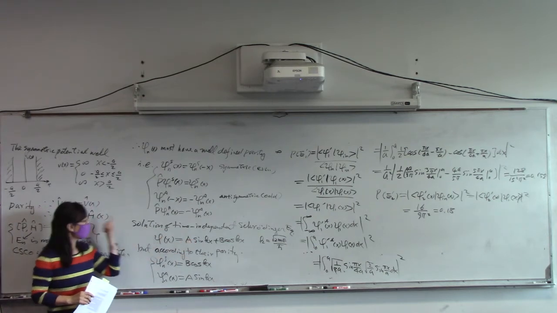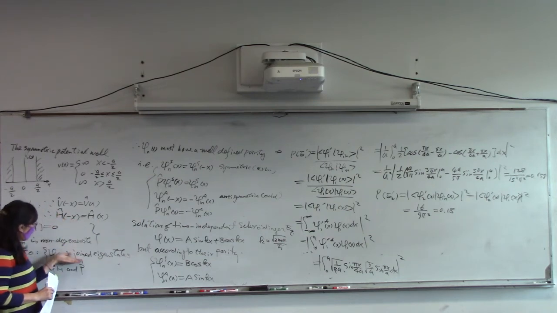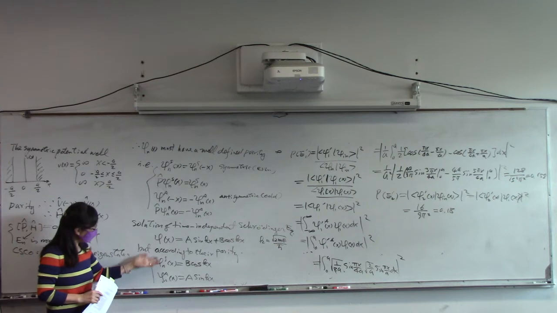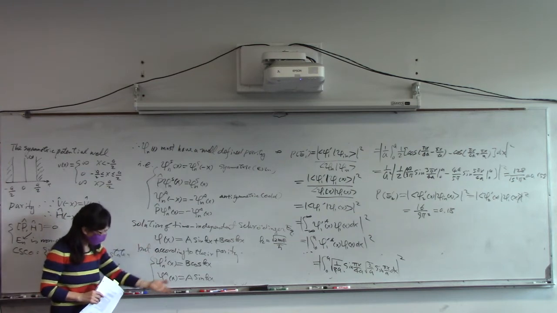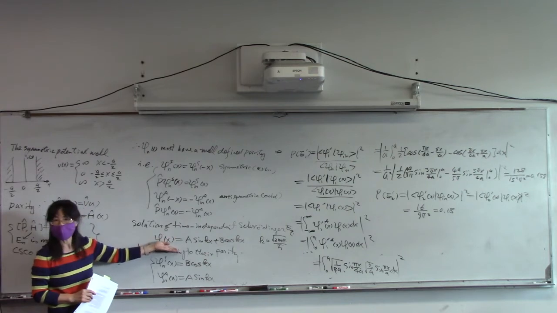But in this case we already analyzed that if the potential has symmetry, then the eigenstates are joint eigenstates of the Hamiltonian and the parity operator. So the eigenstates should have a well-defined parity, either symmetric or antisymmetric. We cannot take the general combination.